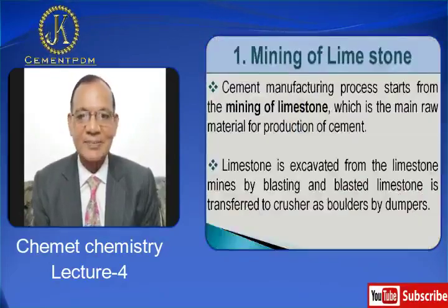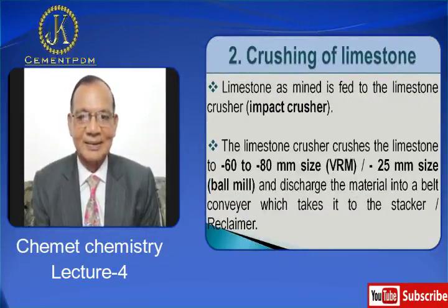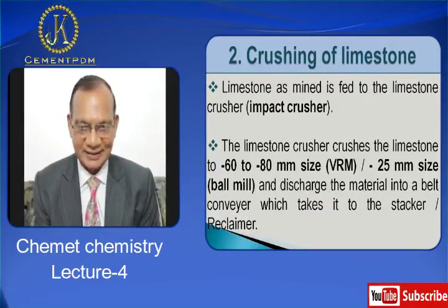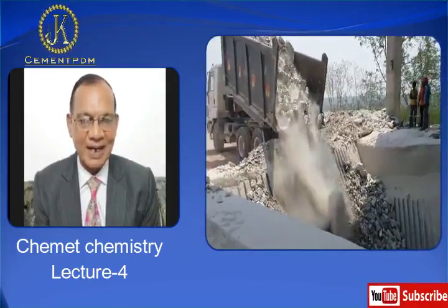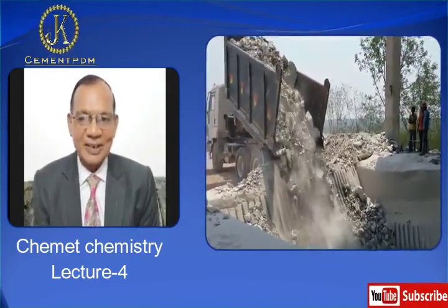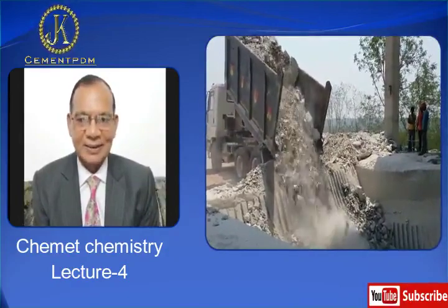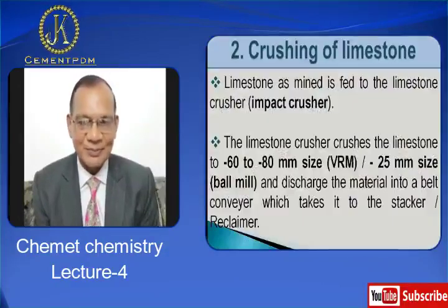Next step is crushing of limestone. Limestone as mined is fed to the limestone crusher. So normally in cement plant, we are presently using impact crusher for crushing the limestone.